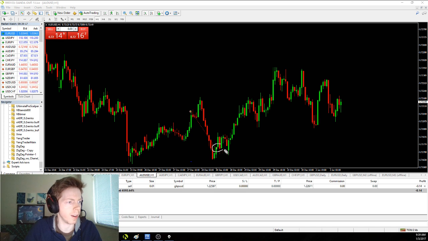So why did I exit here? Well, I saw that there was previously a support level here, and when it pushed down, I saw the first bullish candle after many bearish, and then I saw the inside candle right after the bullish inside.